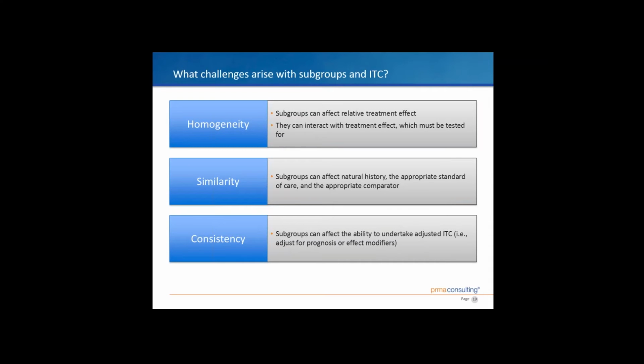The presence of subgroups can affect the ability to undertake what's called adjusted indirect treatment comparison. This is the standard that's expected of most agencies, and it's when you adjust during your synthesis for variation in prognosis or variation in treatment effect. Different subgroups can prevent you doing that to an acceptable level.